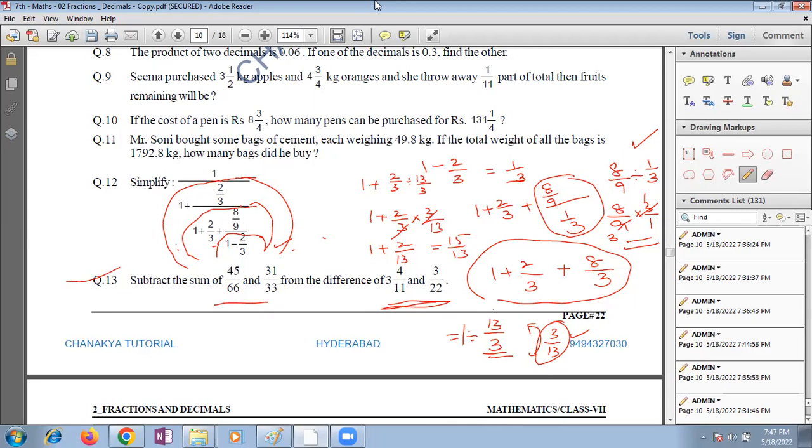Ma'am, I'm also sending. Okay, come on, please send. Ma'am, I sent, you can check. I got one child, Ashwath Reddy, who sent first. I'm not sure whether he gave the correct answer or not. Ashwath, you need to reduce the fraction. Always an irreducible fraction should be given as the answer. Okay, ma'am.